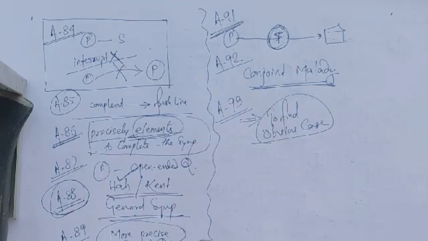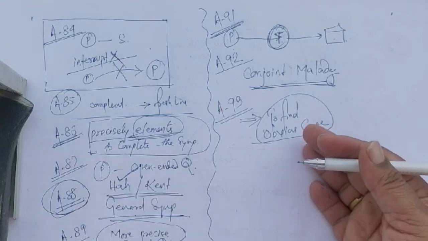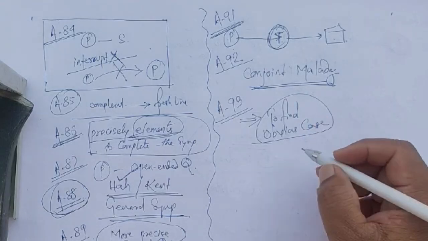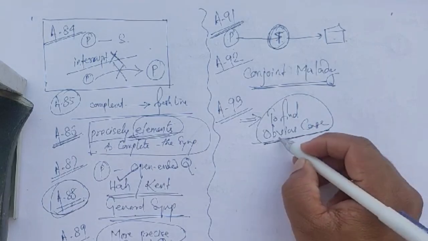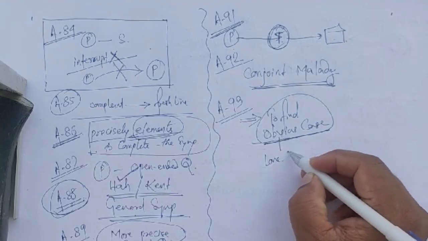But when you trace again, you ask precise questions. 86, you complete the symptom. 89, you ask more precise questions, and then you find out that she had a recent लव डिसअपॉइंटमेंट, उसके बाद से उसका एग्जाम्स खराब हो रहे हैं, and she has pimples on the face. Now what is the obvious cause? Love disappointment.